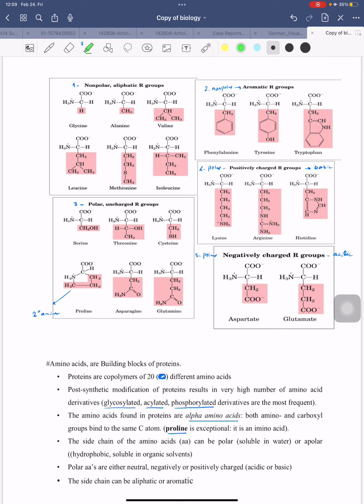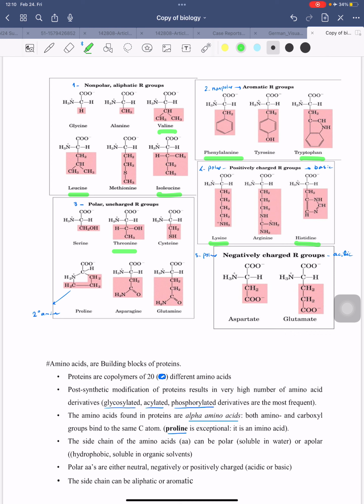For example, leucine is essential, lysine is essential, histidine is essential, isoleucine is essential, valine is essential, tryptophan is essential, threonine is essential, and phenylalanine is essential.